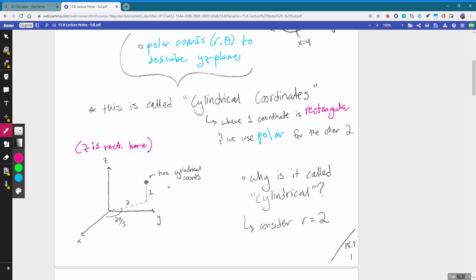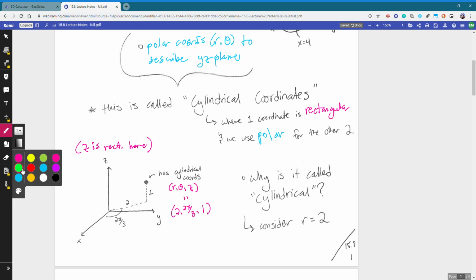Well then the cylindrical coordinates for our point, I'm not sure if there's a standard order here, r, theta, and z: our r is that 2, our theta was the 2 pi over 3, and z is 1. And so this is a way of giving an address to each point in 3-space, where we just keep one coordinate rectangular and the other 2 we use polar for.